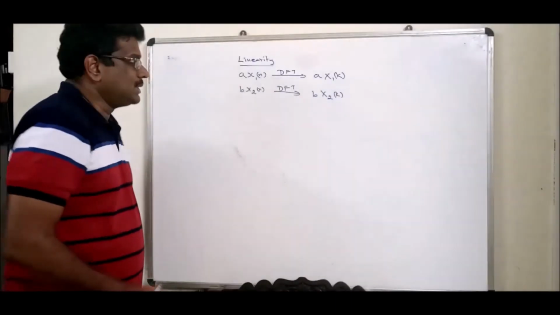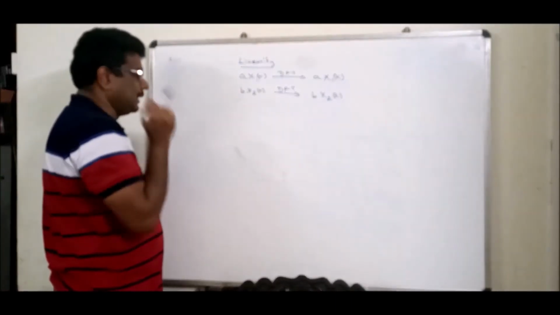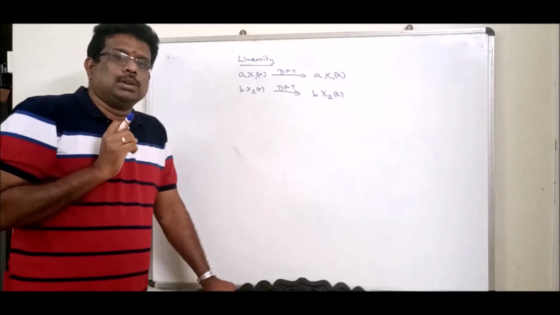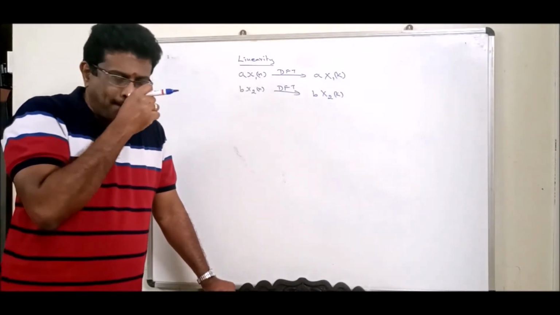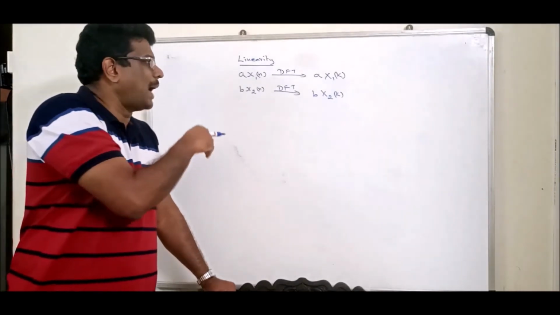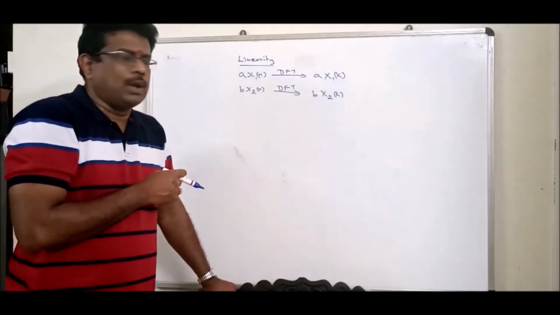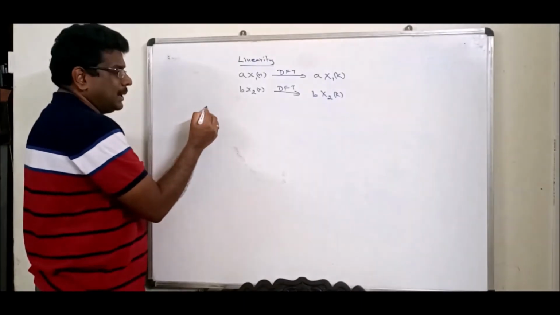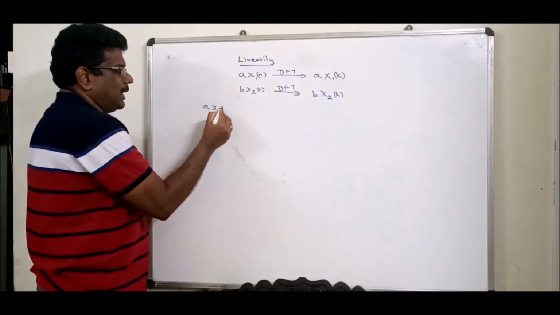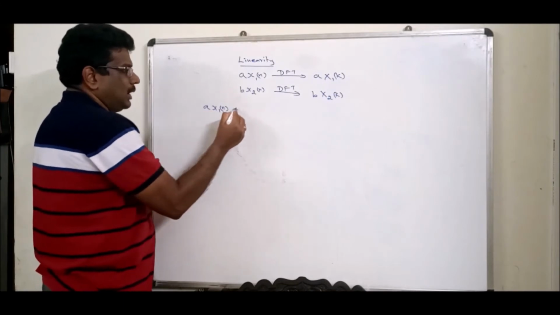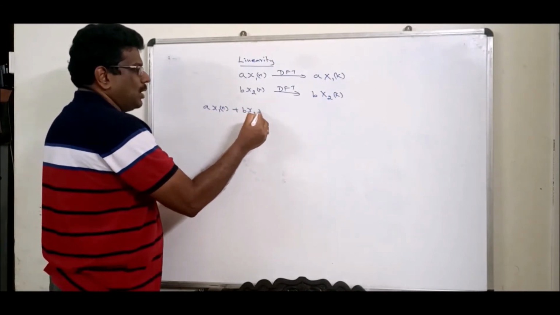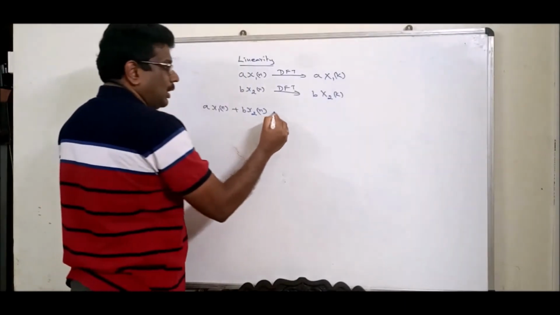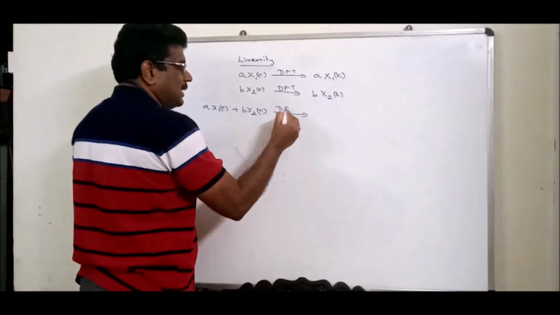Now, what does this linearity property say, which is a combination, a superposition theorem? We can do additivity, and you can even multiply by amplitudes a and b. The linearity property says a x1 of n plus b x2 of n, a combination of these two, definitely, what is its DFT?